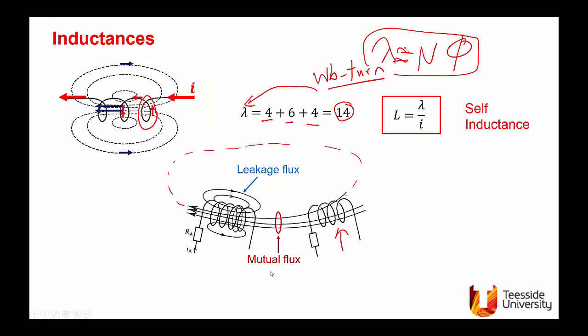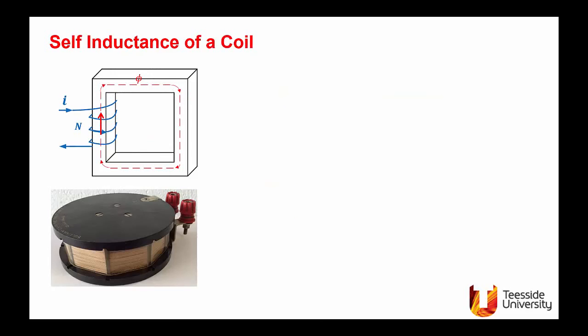Anyway, this is an introduction to what self-inductance is, what mutual flux and inductance are, and what leakage flux is, and of course every flux component is associated with the corresponding inductance. We look at the self-inductance of a coil now.